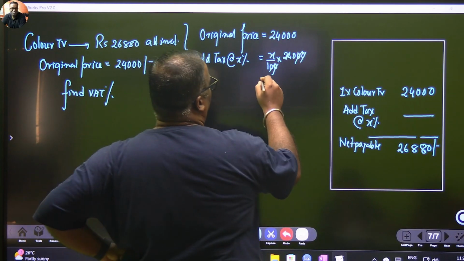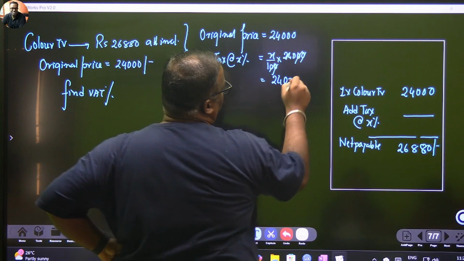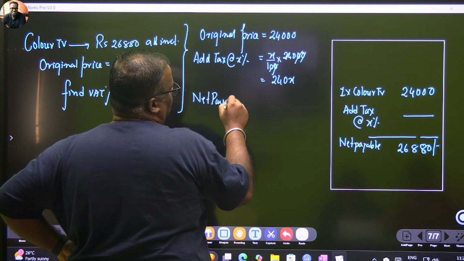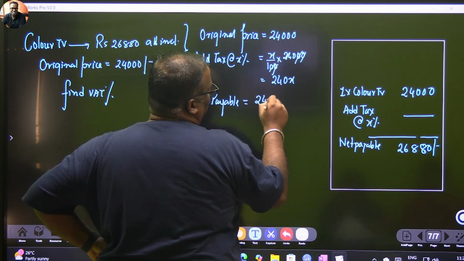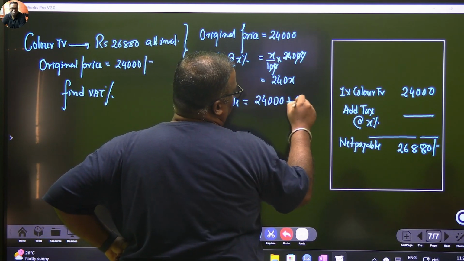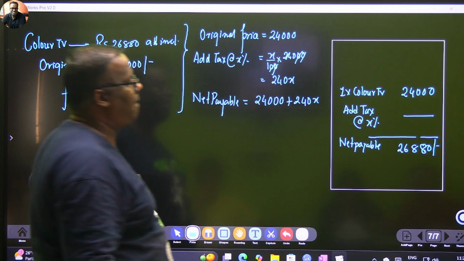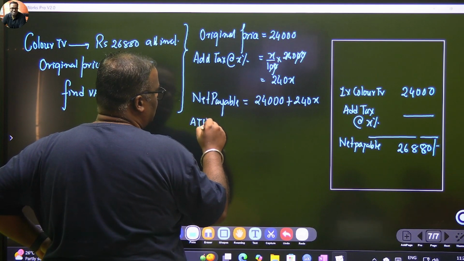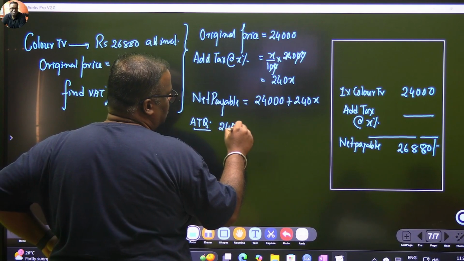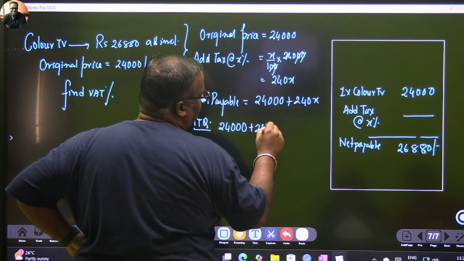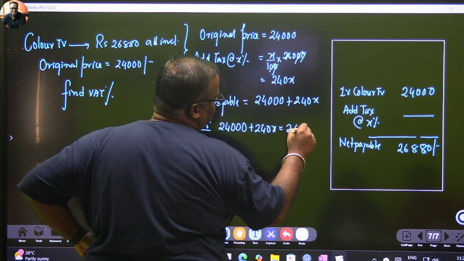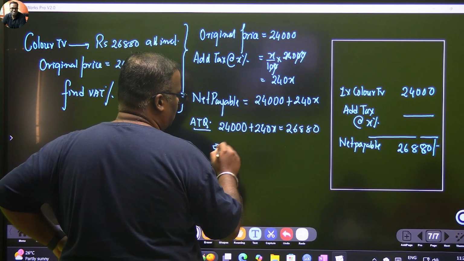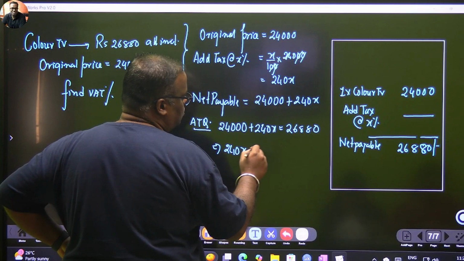Therefore, you are adding 240x. Net payable is equal to 24,000 plus 240x. According to the question, 24,000 plus 240x is equal to 26,880. Agreed?